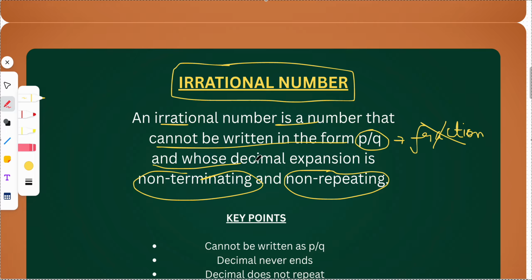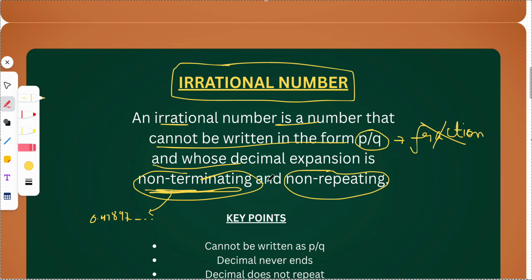And you have seen that the decimal expansion of rational numbers was terminating, like 0.24, but here, as irrational numbers are the opposite of rational numbers, their decimal expansion will be non-terminating. Got it? Non-terminating as in 0.4789 dot, like a very large value which is not ending at a single point.